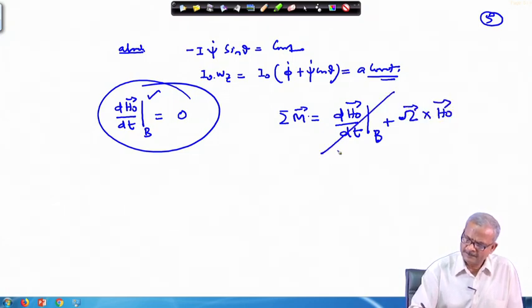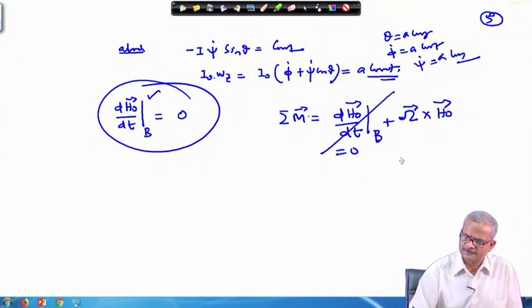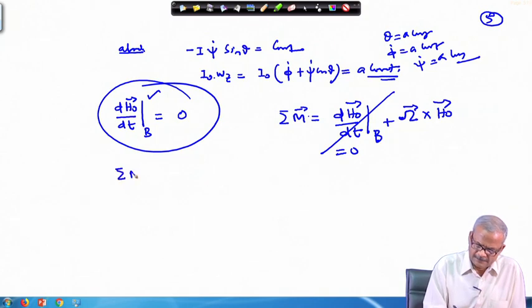Here this part drops out under the condition we have mentioned, where theta is a constant, phi dot is a constant and psi dot is also a constant. So, you see that the situation gets simplified to capital omega cross H 0.